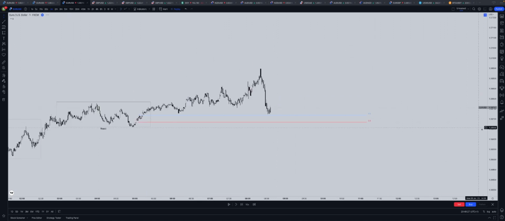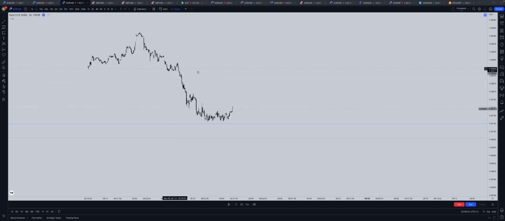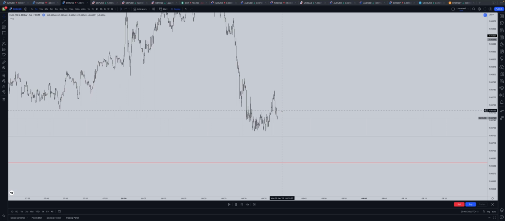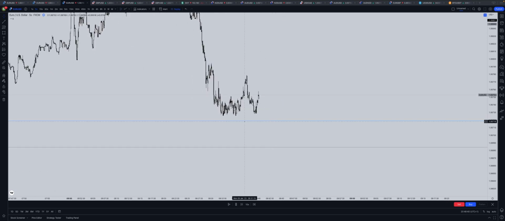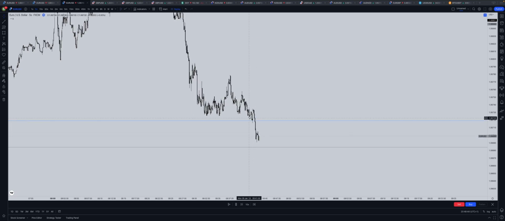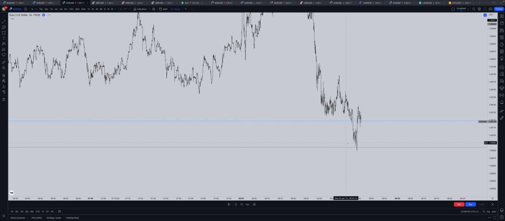So at that moment I went to the lower time frame, the 5 seconds, and we can see the price moving down. We hit our target or our point of interest and also hit the 80%.